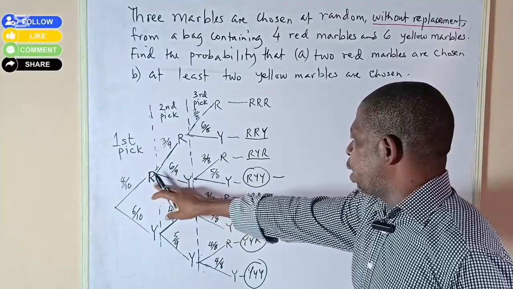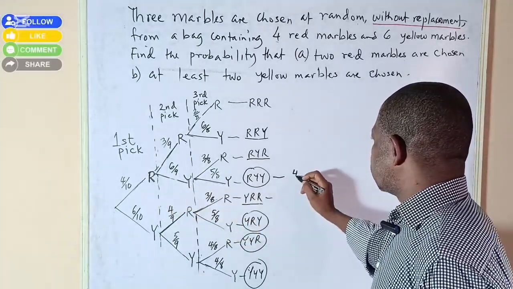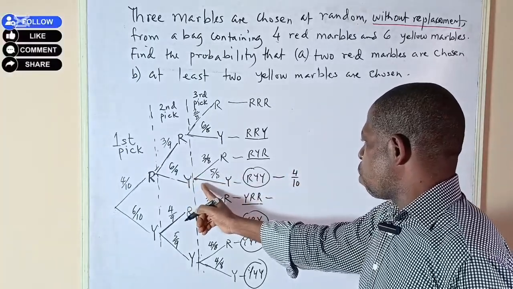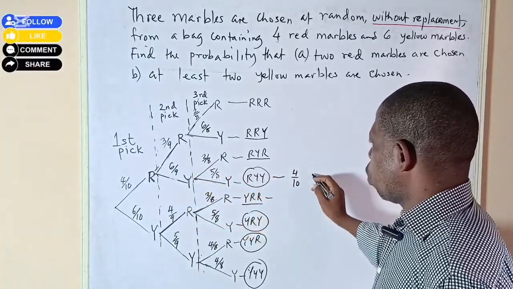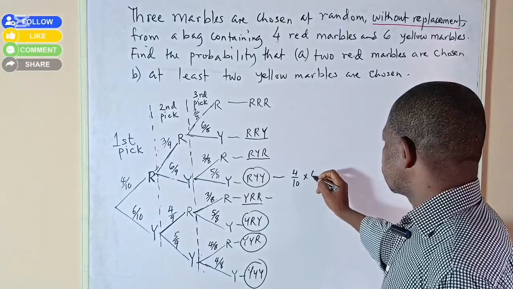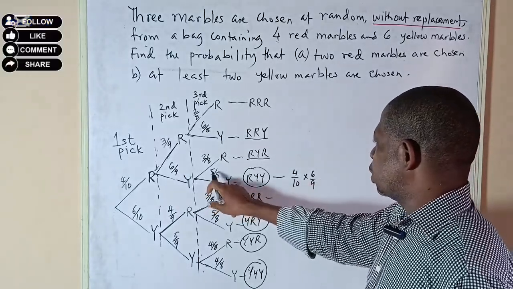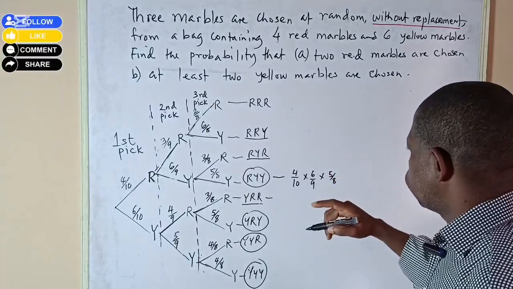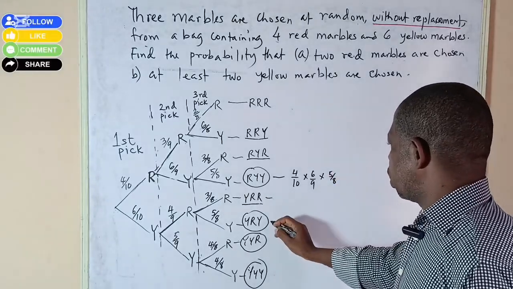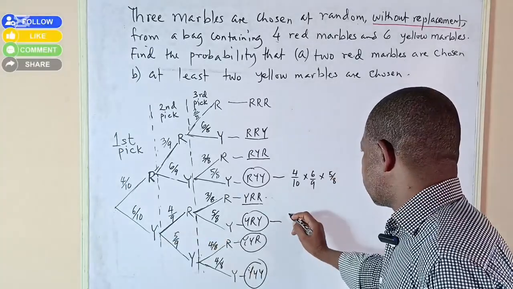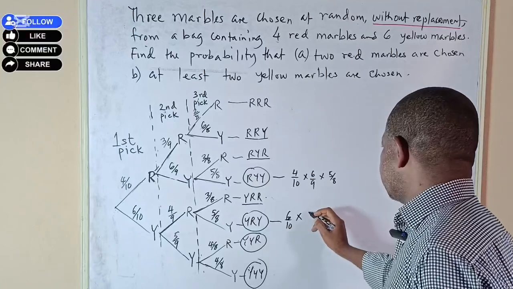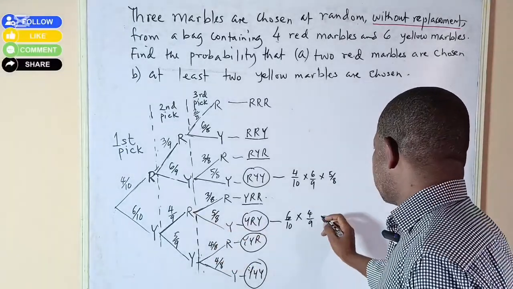We have red, which is 4/10, yellow, 6/9, and yellow again, 5/8. We come to this case, we have yellow first, 6/10, times red, 4/9, and yellow, 5/8.